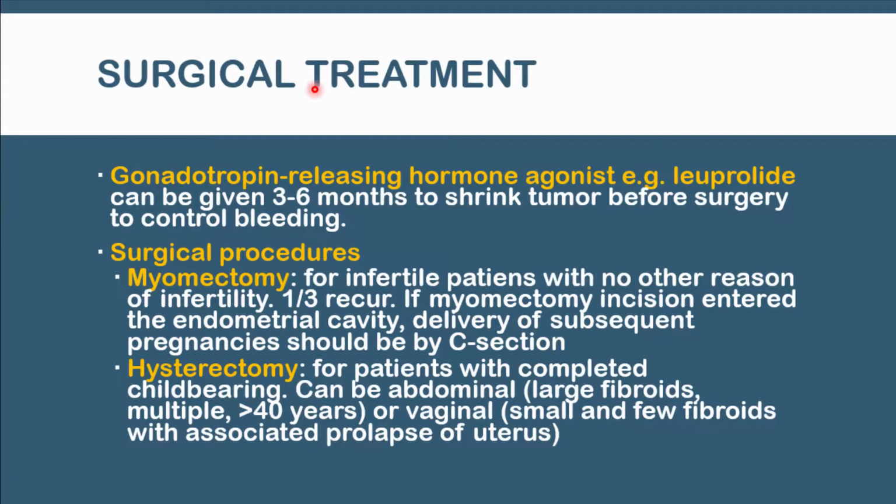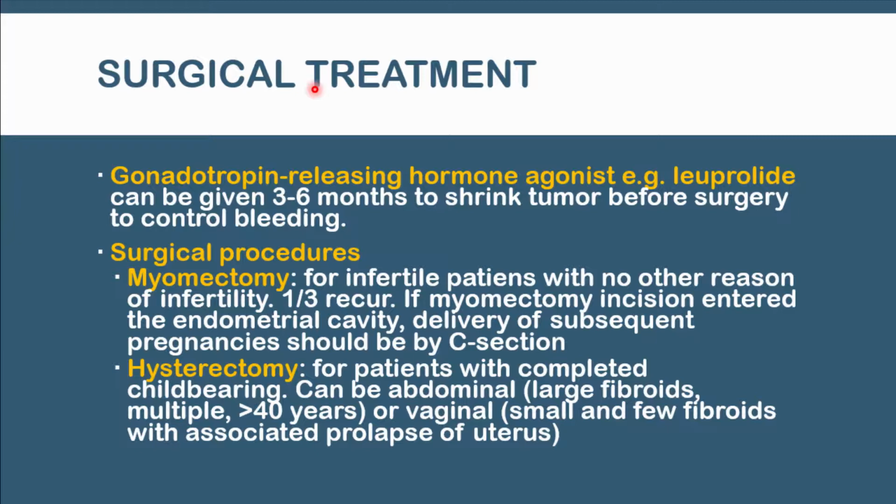Then for surgical treatment, before we take them to theater to get the fibroids removed, we could give them a gonadotrophin releasing hormone agonist such as leuprolide, for about 3 to 6 months in an attempt to shrink these fibroids, so that when this person goes for surgery, it's easy to remove the fibroids and they do not bleed as much. But of course this isn't routinely done for all the patients.